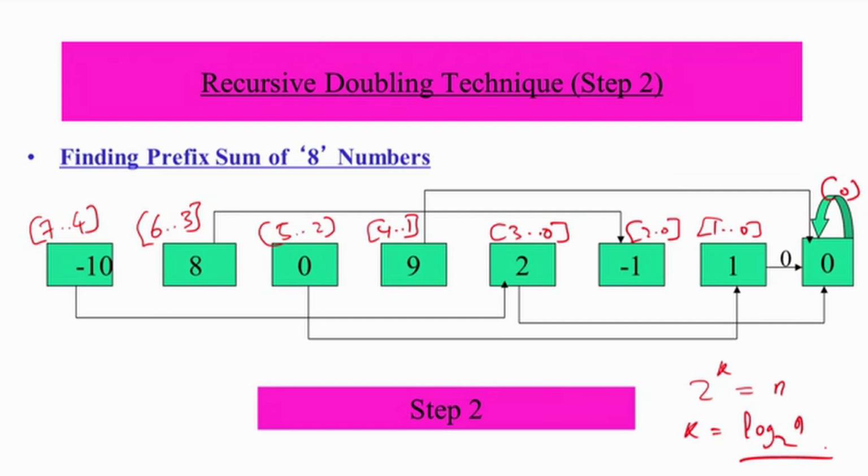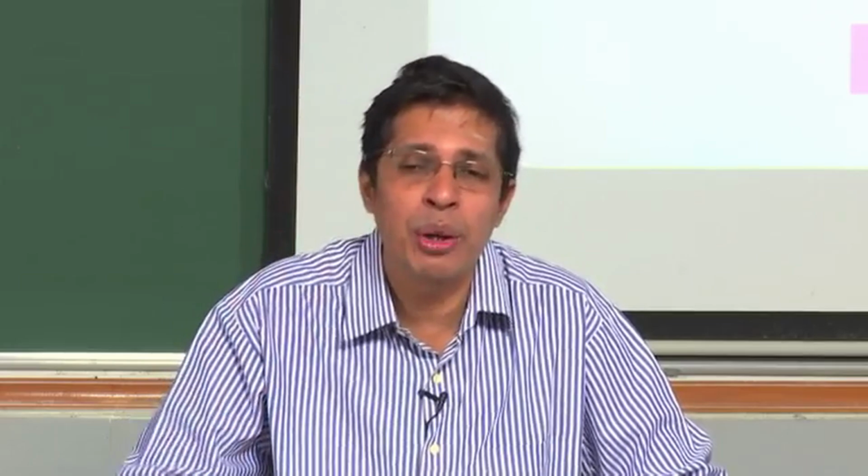So every step is done in 1 unit of time. So there are 7 processors, and each processor concurrently in parallel just goes and adds to what I am pointing to, and then makes my pointer to pointer of pointer. You are able to follow? So in log n steps I will be in a position to finish off this prefix sum. If I have one processor I am going to take n steps, but if I have n processors I can do it in log n steps.